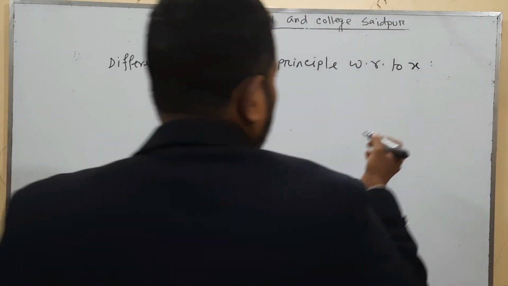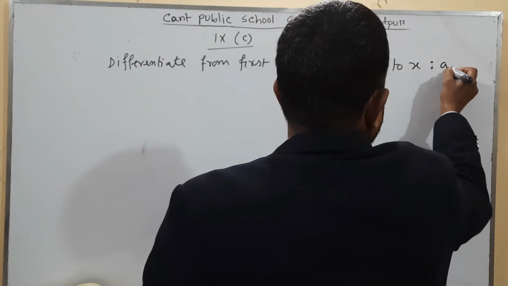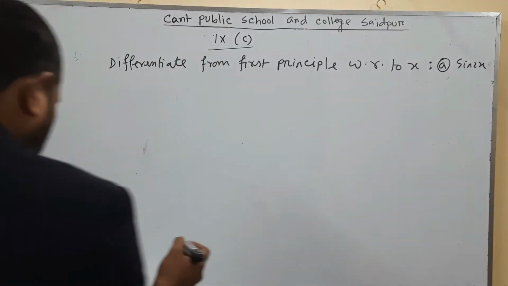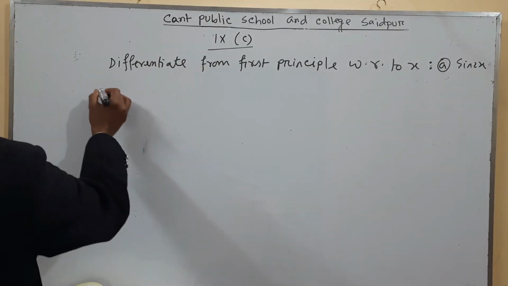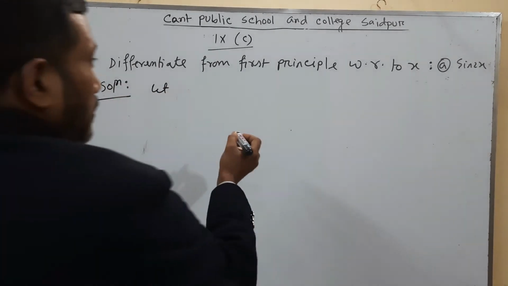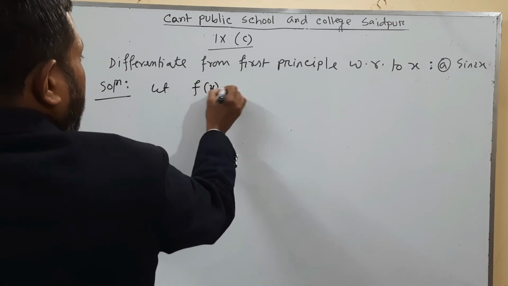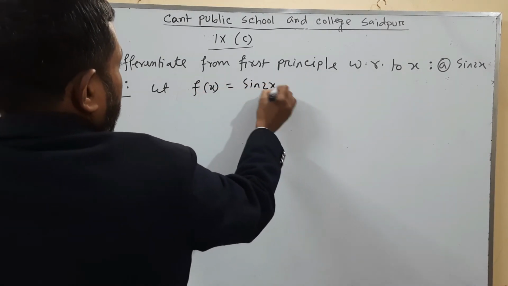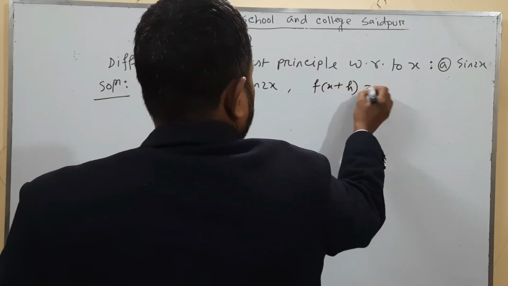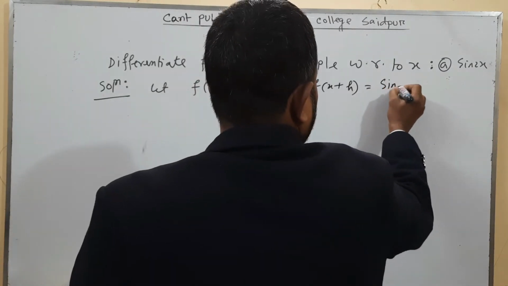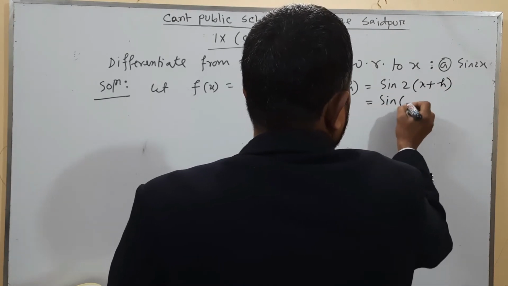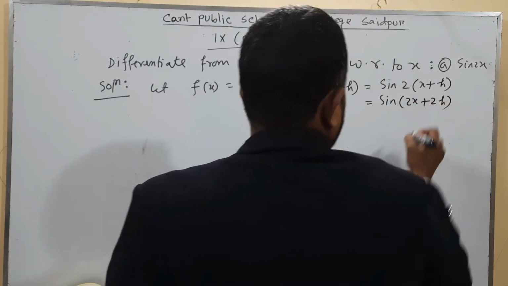I am solving here. Let f of x is equal to sine 2x. So f of x plus h will be sine 2x plus h, that is sine 2x plus 2h.